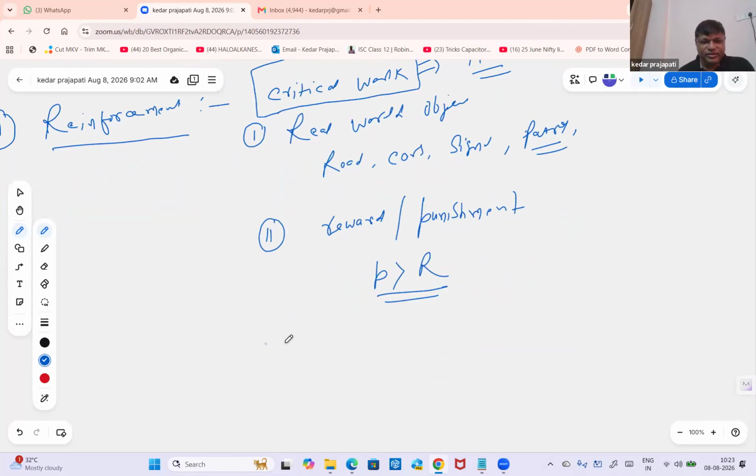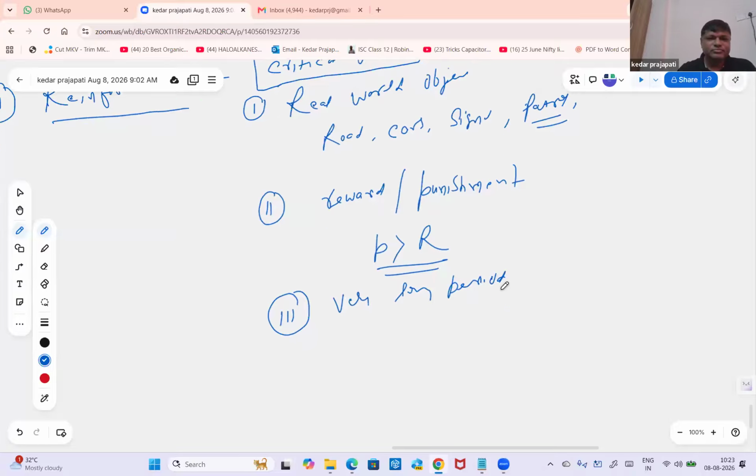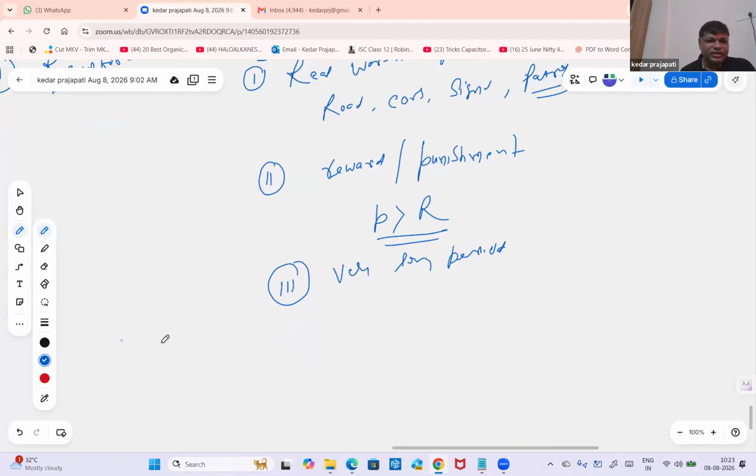And here the training is done for a very long period. Training is done on a huge data set, over a long period, with real-time objects, everything. Recently, India sent some vehicle to Mangalyaan and all.